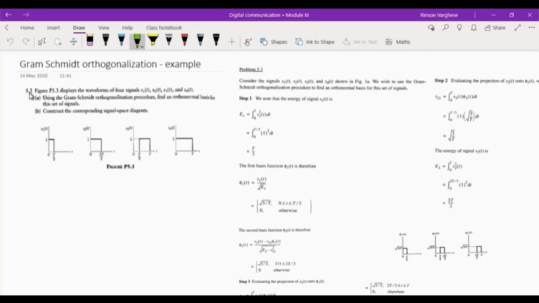The problem 5.3: you have 4 signals S1, S2, S3, S4, defined over 0 to T by 3, 0 to 2T by 3, T by 3 to T, and 0 to T. You are asked to find a set of bases for these functions. This is the solution for the problem.